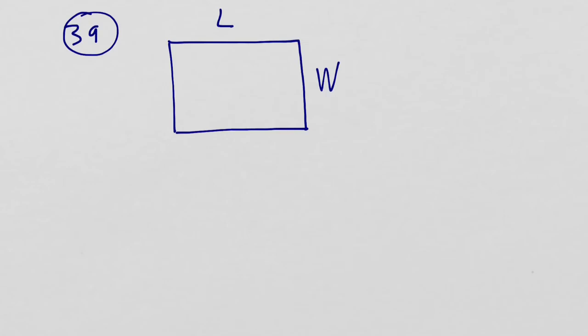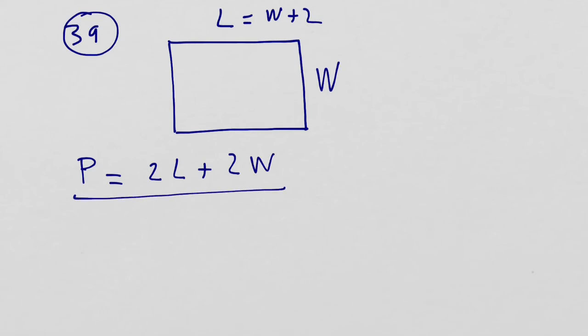So because the length has to be 2 feet greater than the width, I can definitely say that my L, my length, is equal to the width plus 2. Now, the perimeter is defined as 2L plus 2W. In that case, if I keep this equation, I have two variables, L and W.